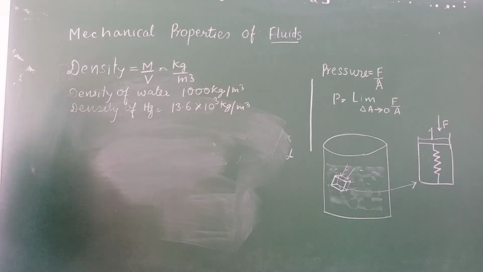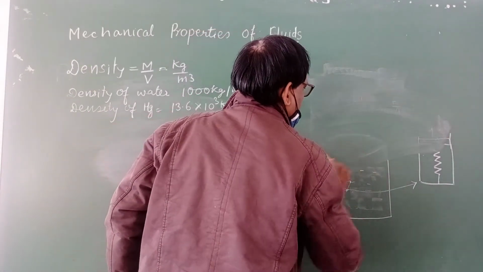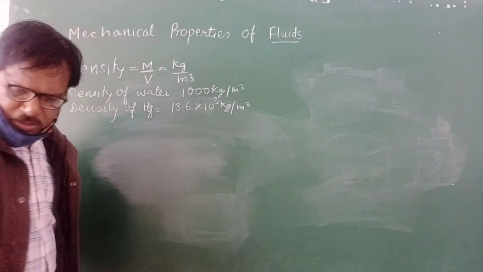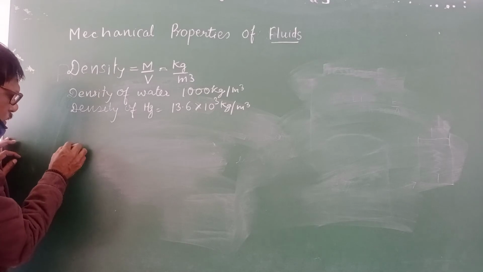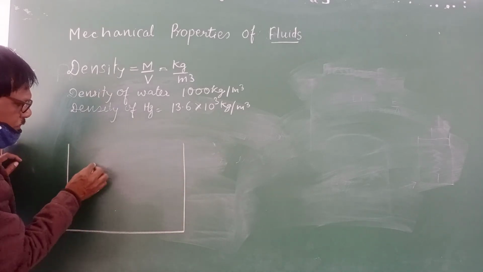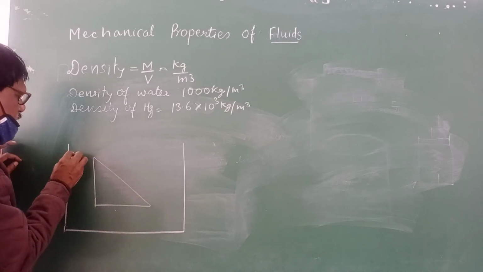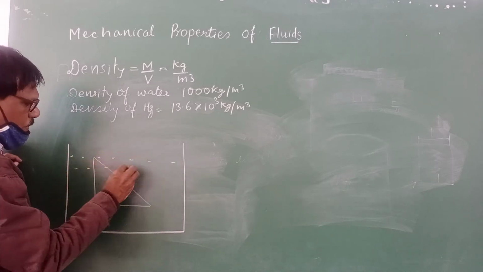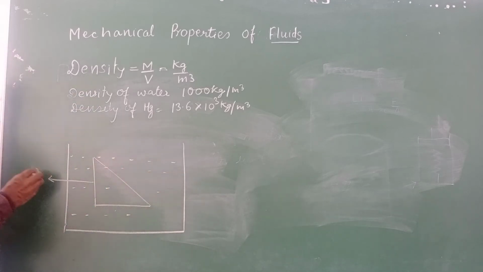Now we will discuss the Pascal's law. According to Pascal's law, the pressure is equally transmitted in all directions. To understand the Pascal's law, imagine this is one container, and inside this container which will consist the water, imagine this is an imaginary prism.